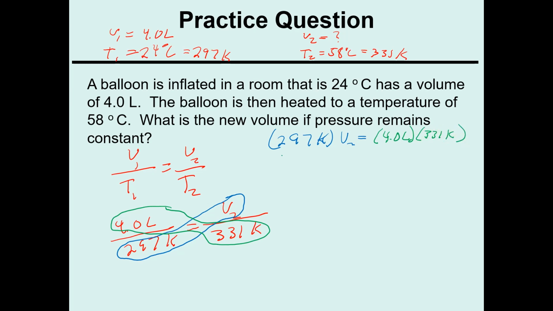So then we want to get V2 by itself. So we divide both sides by 297 Kelvin. And that cancels out that. And we're left with V2 is equal to 4 liters times 331 Kelvin divided by 297 Kelvin. So if you put that into your calculator, you come up with 4.5 liters.